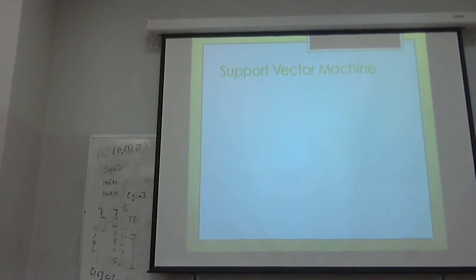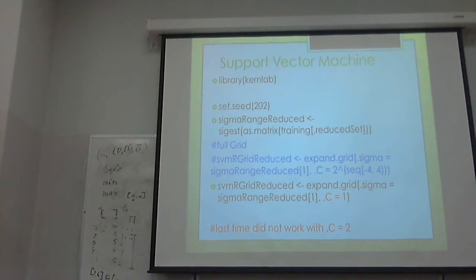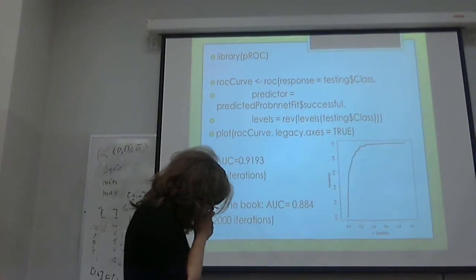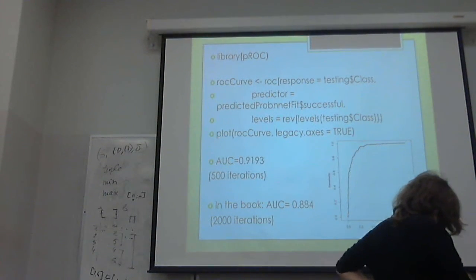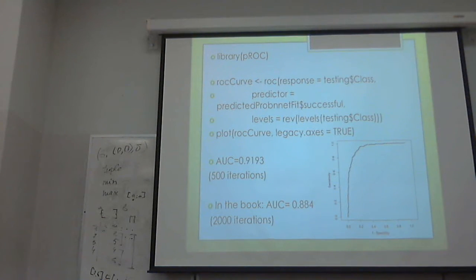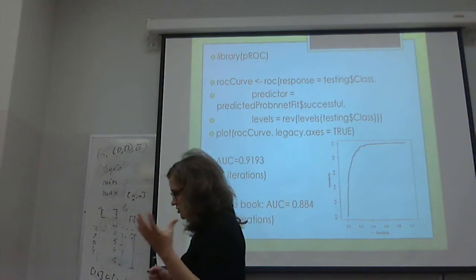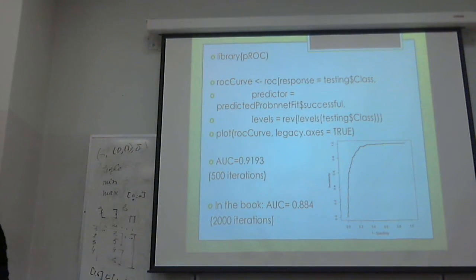The next is support vector machine. This decreased, is it because of overfitting? Could be. We don't know. For overfitting, we have to see the tuning plot. With neural network, it's not reasonable to do it in class. We have to train.